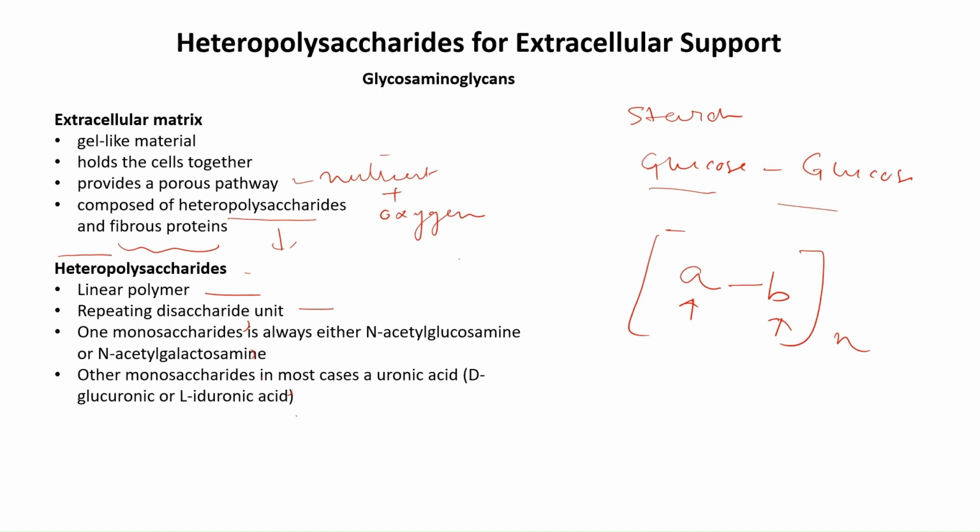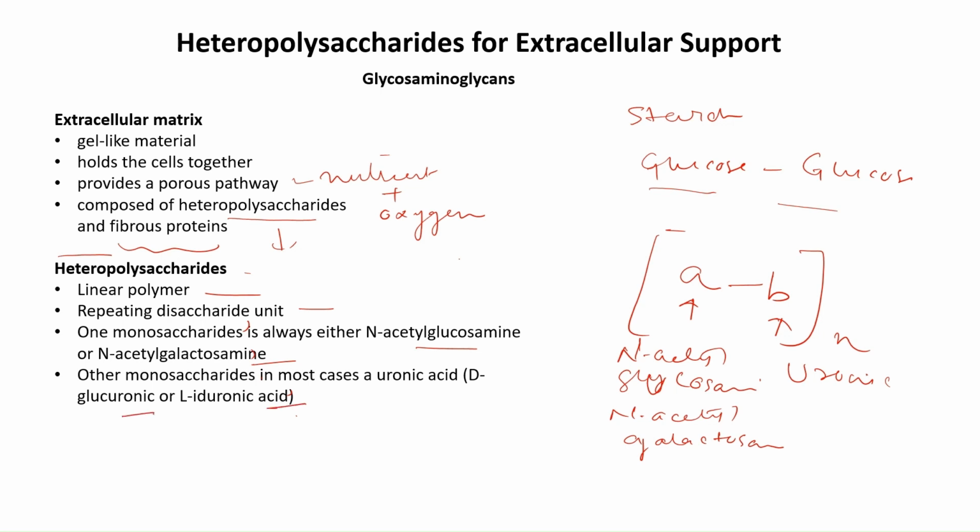Now, one monomer, say this A, is always either N-acetylglucosamine or N-acetylgalactosamine. Whereas this B, in most cases, is a uronic acid. Specifically, it is D-glucuronic acid or L-iduronic acid.